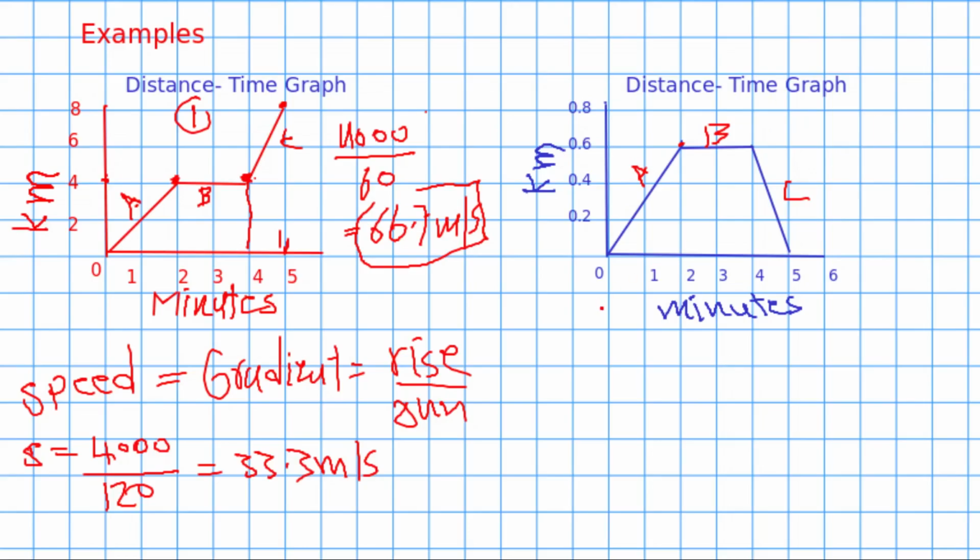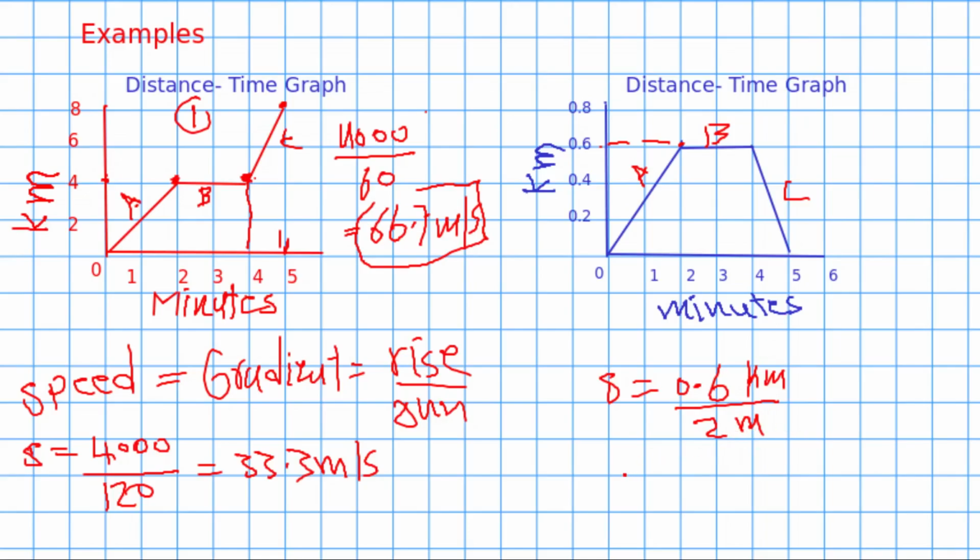Here the speed is equal to rise over run, or the gradient. Our rise corresponds to 0.6 kilometers, divided by the time of the journey in this section, which is 2 minutes. We do the same thing: we convert the kilometers to meters and the time in minutes to seconds.